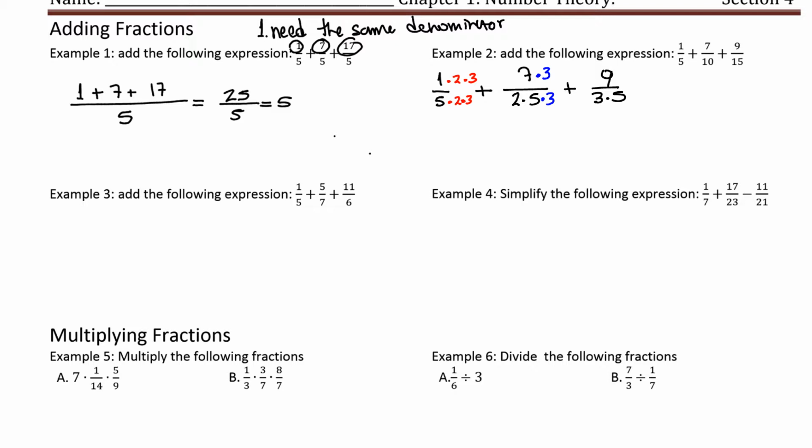And the last fraction is missing a 2 from the second fraction. Okay, what you'll notice is that we should have the same numbers in the denominator. We have 5 on all 3 of them, 2 on all 3 of them, and 3 on all 3 of them. That means that we have the same denominator, even if they're not organized the same way. Once we multiply them together, you should get back your original denominator.